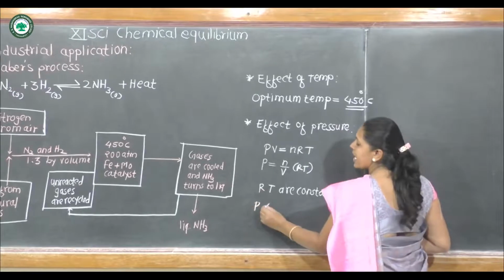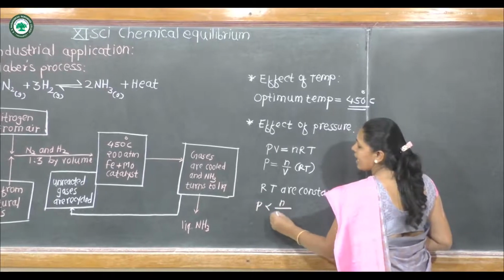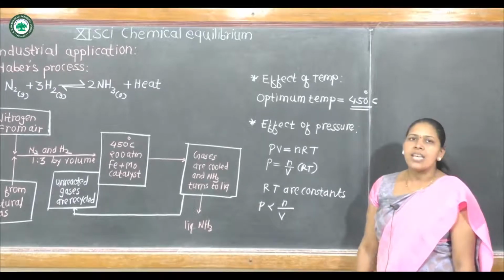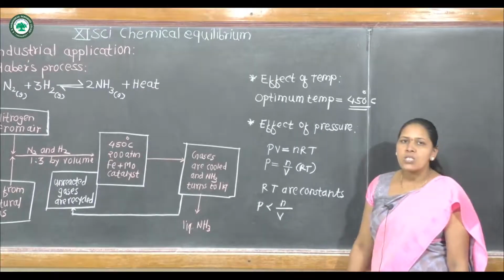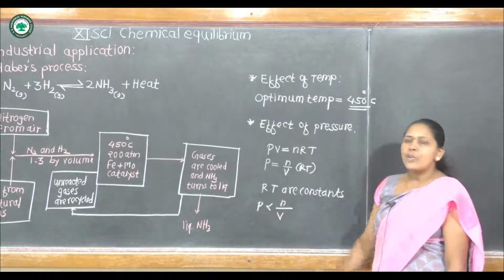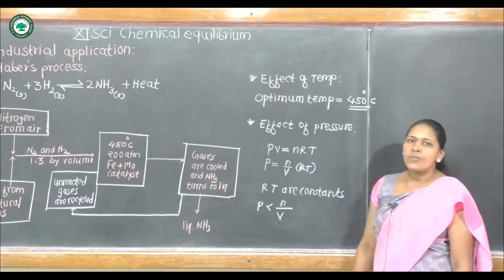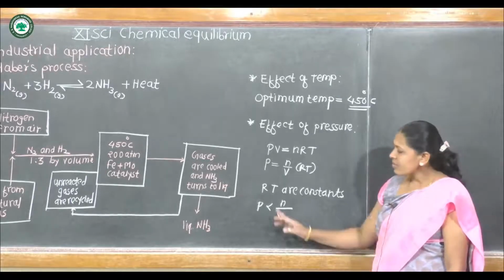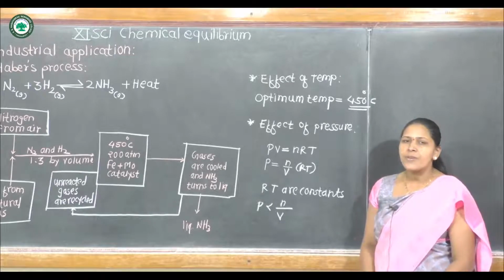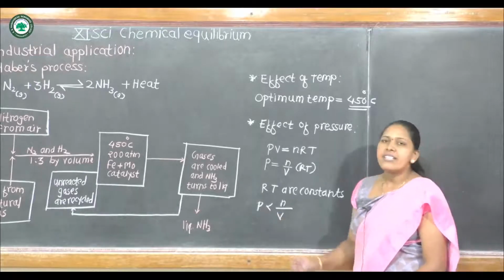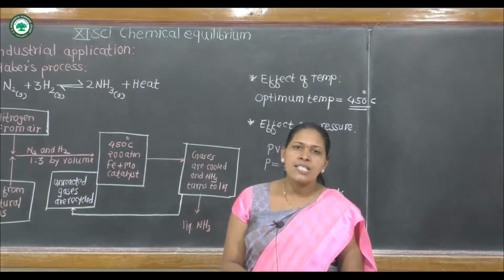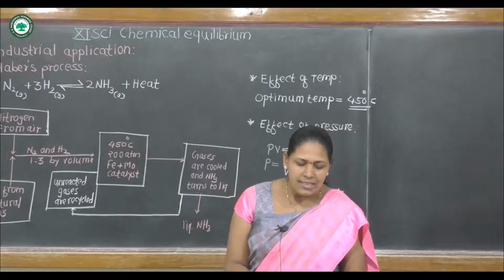Therefore, P is directly proportional to n and inversely proportional to V, where P is the pressure of the gases, n is the number of moles, and V is the volume of gas. That means as pressure increases, volume of the gases decreases. Pressure decreases, volume increases, because of the inverse relationship between them, and pressure is directly proportional to number of moles. That is, as number of moles increases, pressure of the reaction also increases.